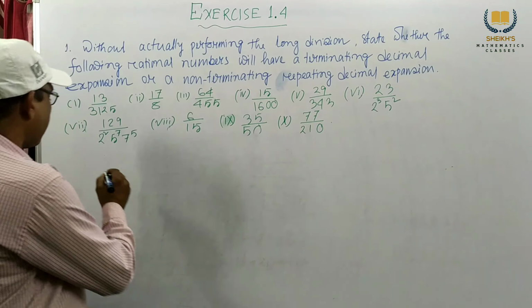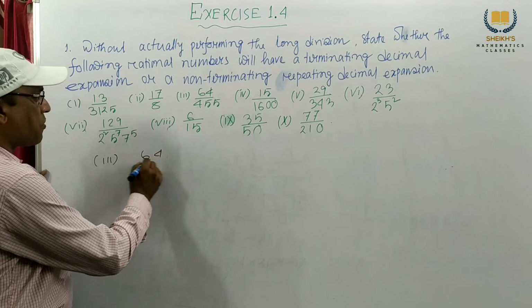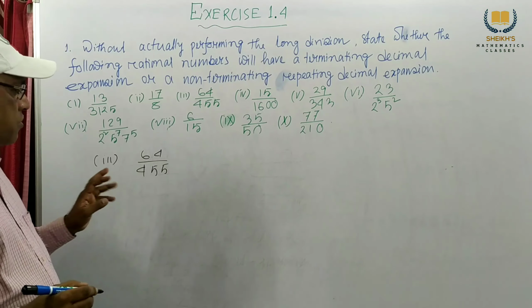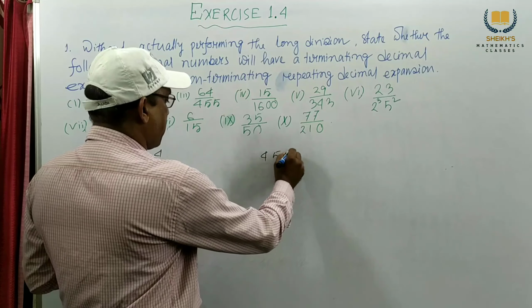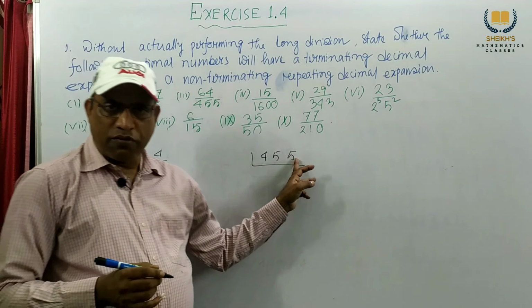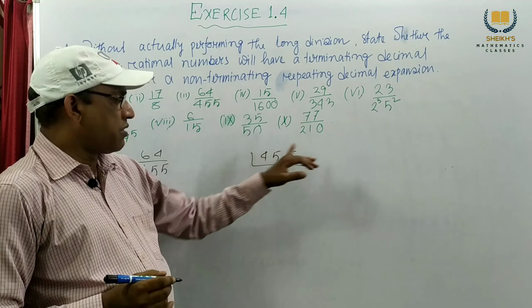Consider problem number 3: 64 by 455. First we take the prime factorization of 455. This is an odd number, so it is not divisible by 2. It is not divisible by 3 also.